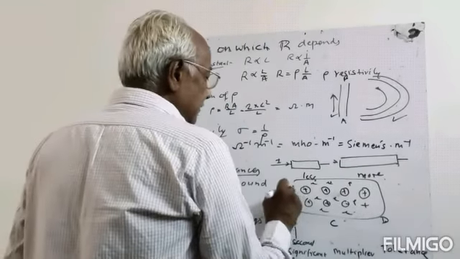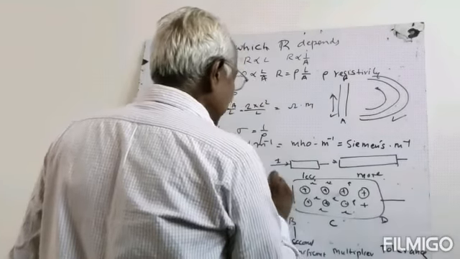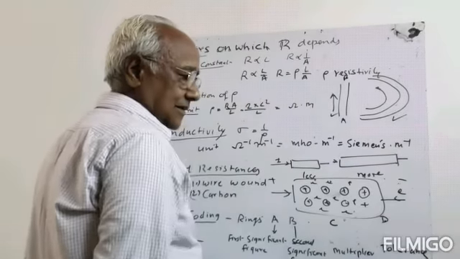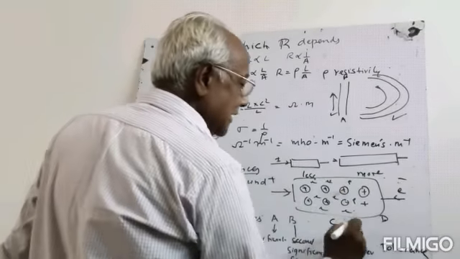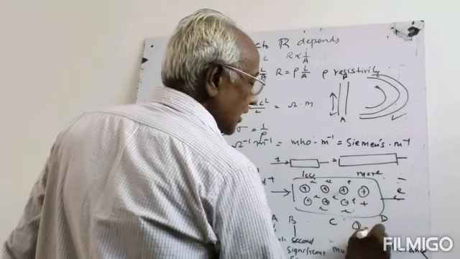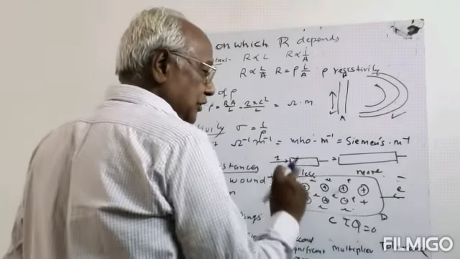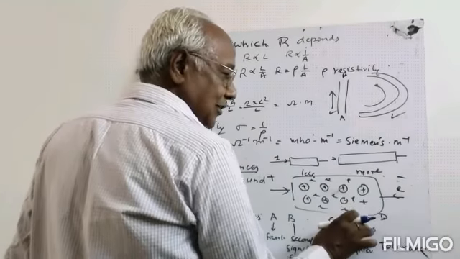Now, this is the positive and this is the negative. If one electron enters here, the total charge of the conductor is 0. The number of electrons will be equal to the number of positive charges, so the total charge of the conductor is always 0.